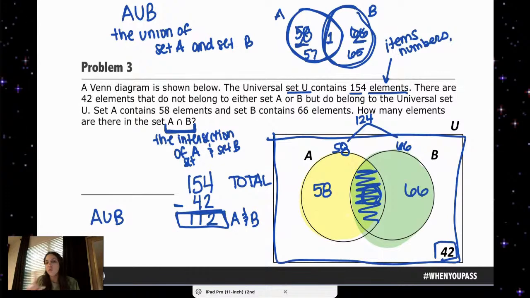So if what I actually have is 112 here, but this is showing 124, how do I get that to be different?